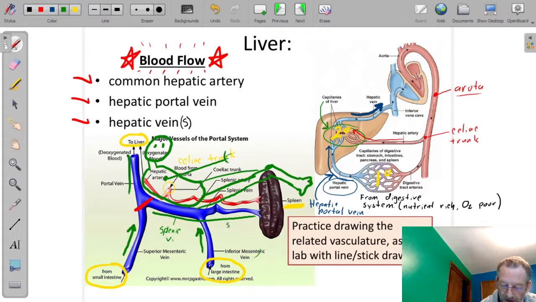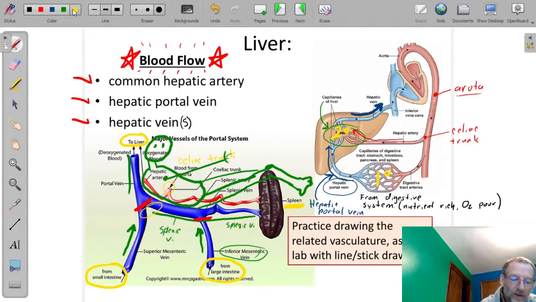And over here, it's still the splenic vein on the right. And the splenic vein first merges with the inferior mesenteric, and that merges right here. So as the inferior mesenteric merges with the splenic, that's the end of the inferior mesenteric. The splenic vein continues, and then the superior mesenteric vein merges with the splenic vein right there.